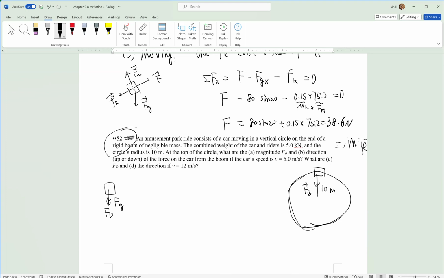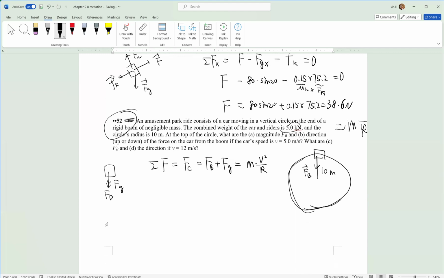And this is all the forces acting on the car, and it should be equal to your centripetal force, because this car is doing circular motion, which equals FB plus Fg, which equals m times v squared over r, okay? And also be very careful, what is your mass? Fg will be equal to mg, which is 5,000 Newton. So your mass is 510, okay?